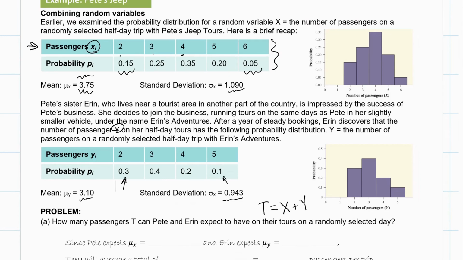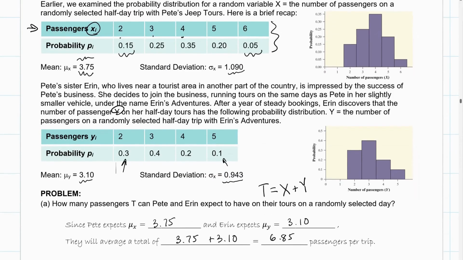Well, since Pete expects 3.75 passengers per trip and Erin expects 3.10 passengers, we might say that the average of the total would be 3.75 plus 3.10 for a total of 6.85 passengers per trip.